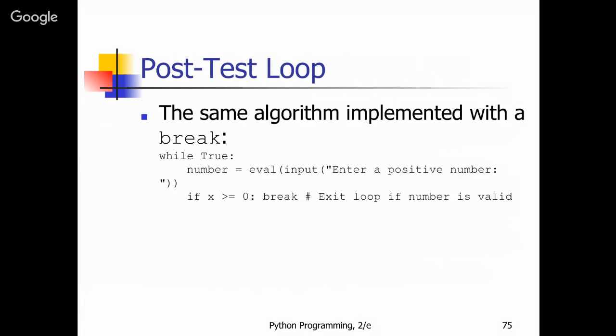However, you set it up so that the user enters a number, and if the number is greater than 0, you say break, and then the loop will exit. So it's not really an infinite loop, even though it might look like it at first glance.